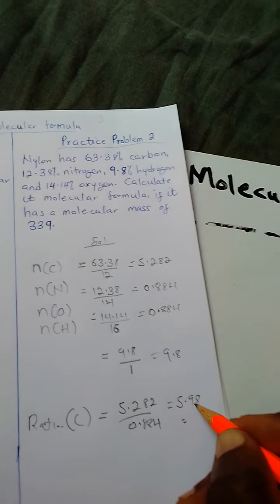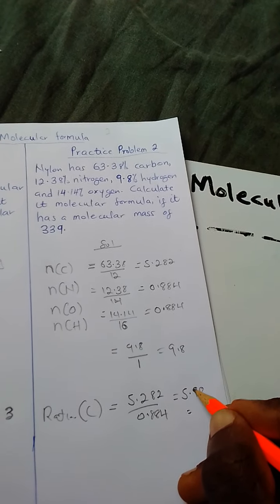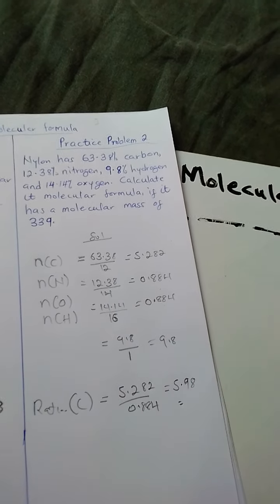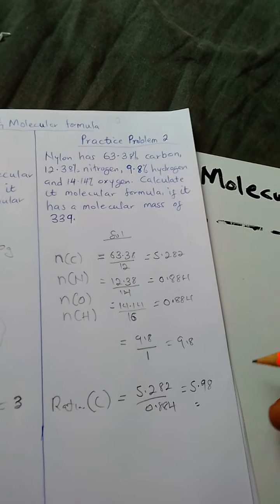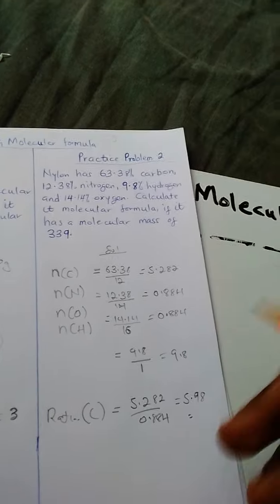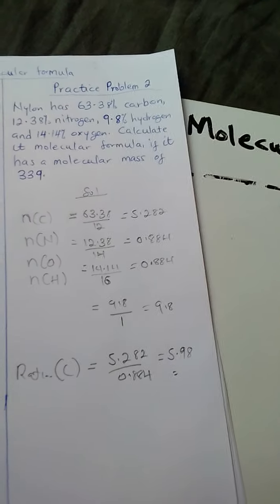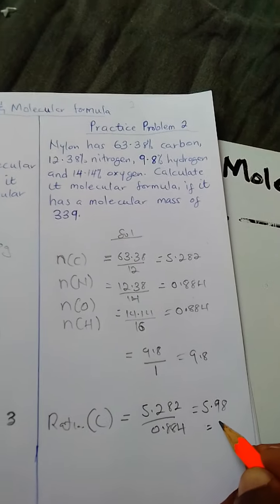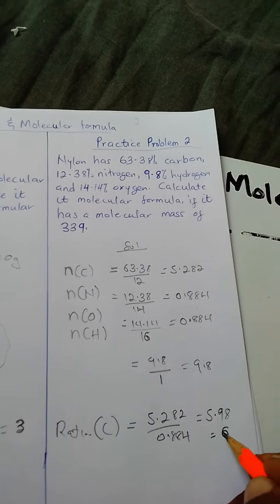If the first decimal place is 5 or more, you approximate to the nearest larger whole number. If it is less than 5, you approximate to the nearest lower whole number. So here it becomes 6. That is the minimum ratio.